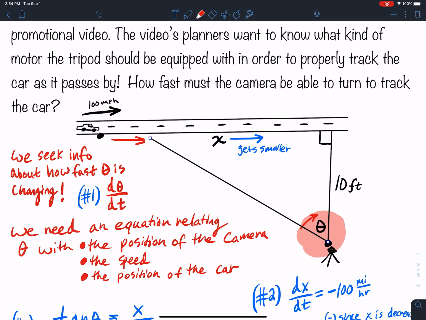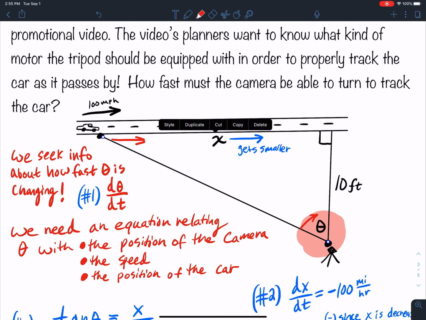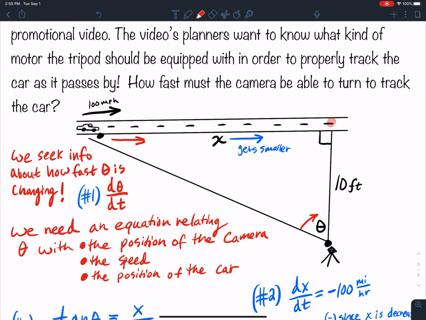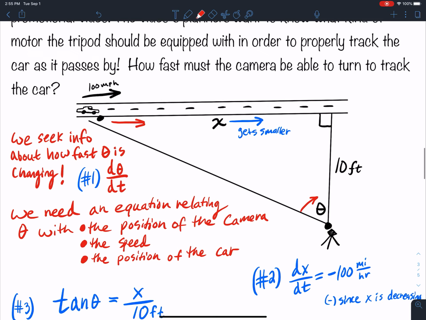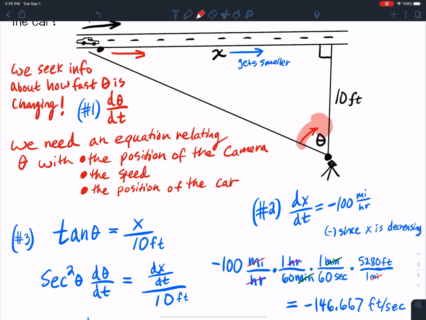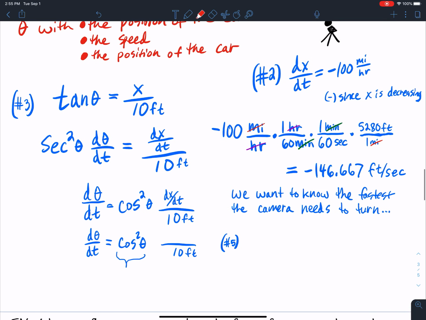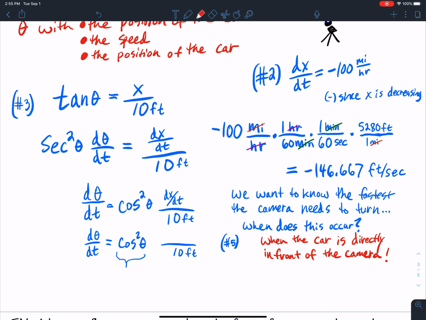The angle theta is not changing that much. But whenever I go here to here, the angle theta is changing really quickly, okay? So the angle theta is changing the quickest whenever we are at a perpendicular distance away. So what theta would that be equal to? Well, that would be when the car is directly in front of the camera, and the biggest value that cosine of theta could possibly be.